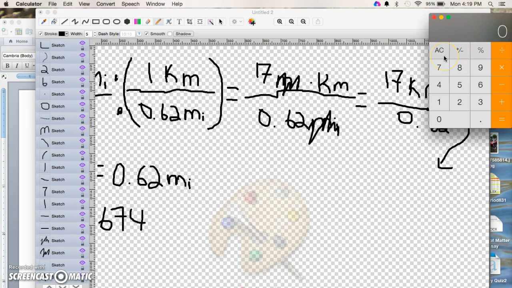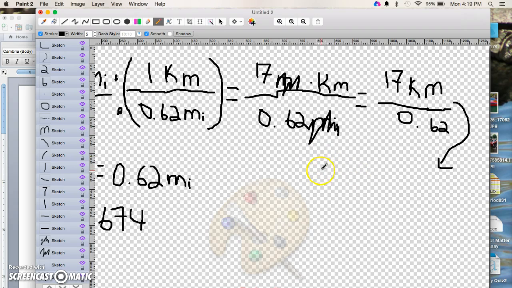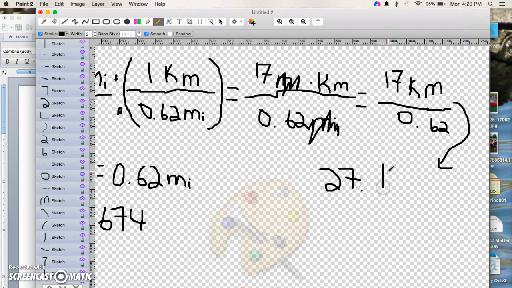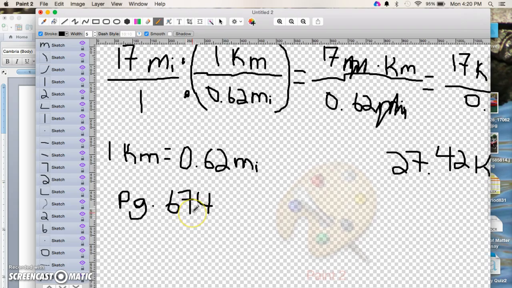We do 17 divided by 0.62, and that's going to give us 27.42, and our unit is going to be kilometers. Now we've gotten it down to kilometers.